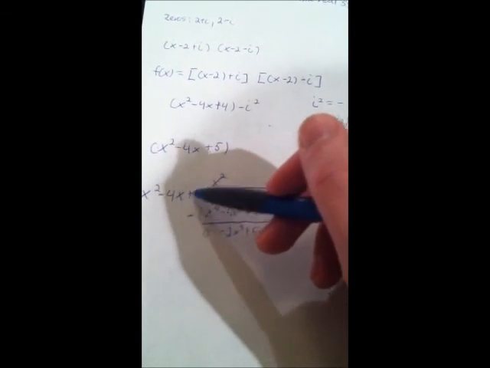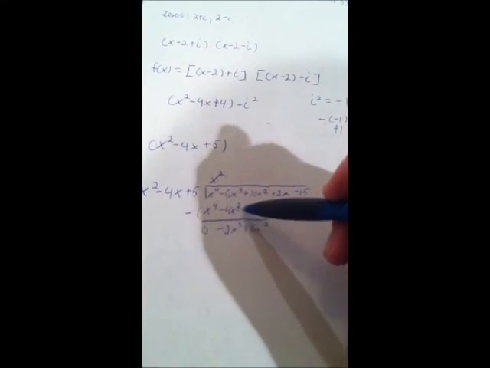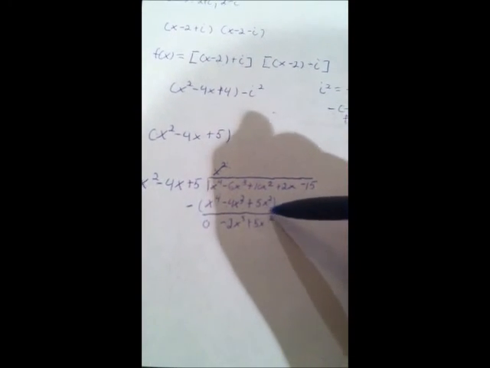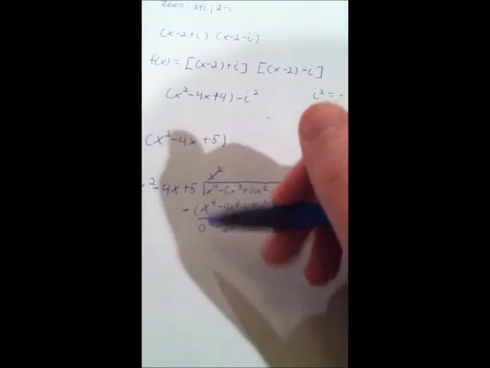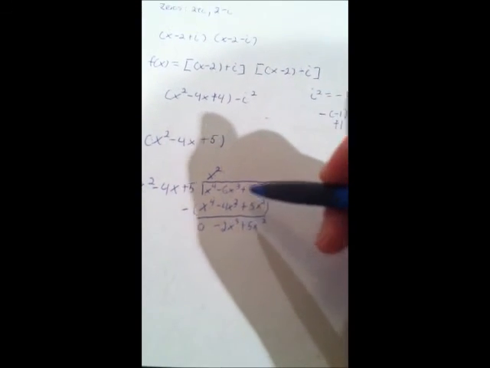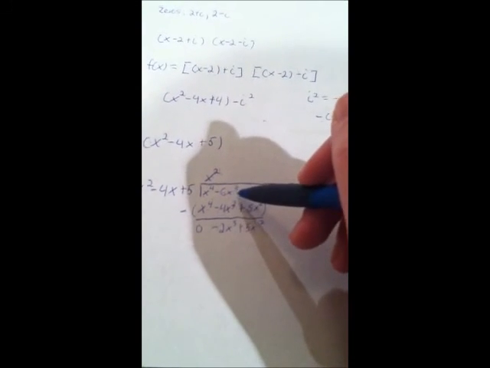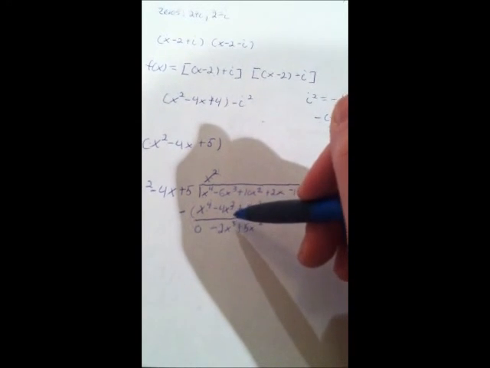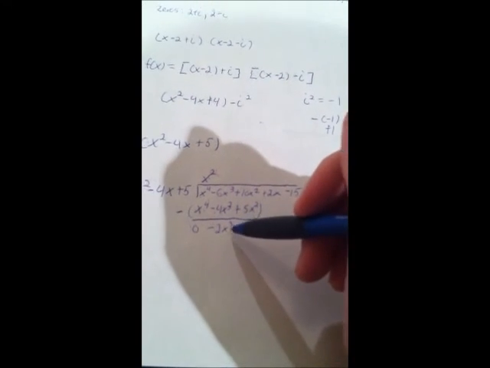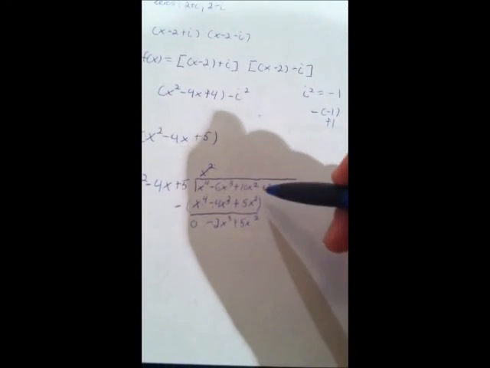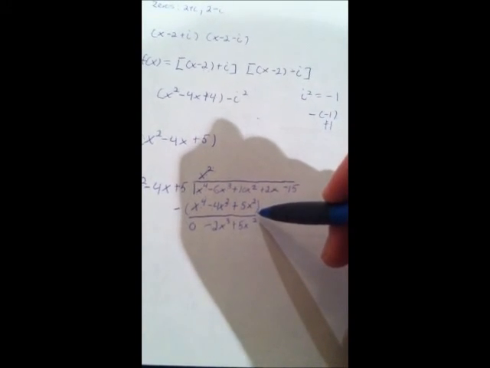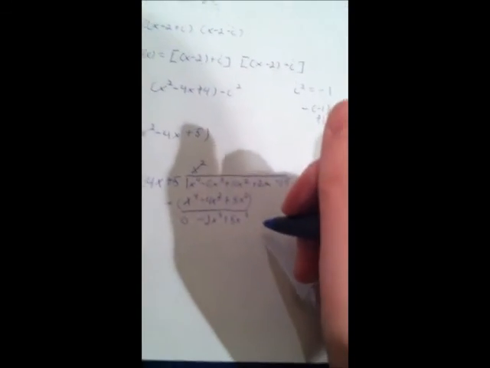X squared times a negative 4x is a negative 4x cubed. And then x squared times 5 is 5x squared. I put the parentheses out here and subtracted because we are using subtraction. Then I got 0 here, negative 2x cubed, and positive 10x squared minus 5x squared is just 5x squared. So that's done for that.